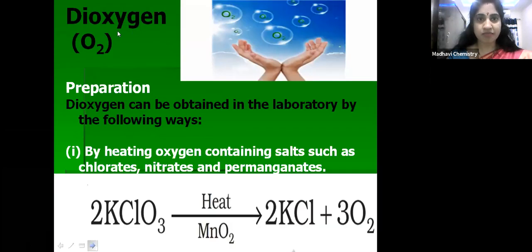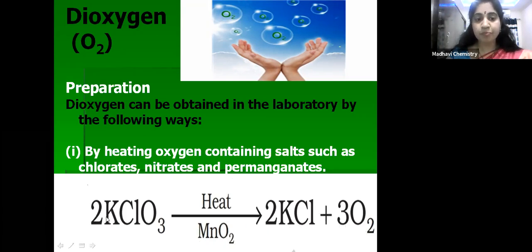Dioxygen. So what is the formula for dioxygen? O2, right, children? Dioxygen is very, very important for our life, right? So how to prepare this dioxygen? First one is the laboratory method. Dioxygen can be prepared when salts containing oxygen like chlorates, nitrates, and permanganates are heated in the presence of a catalyst like manganese dioxide; they give oxygen.